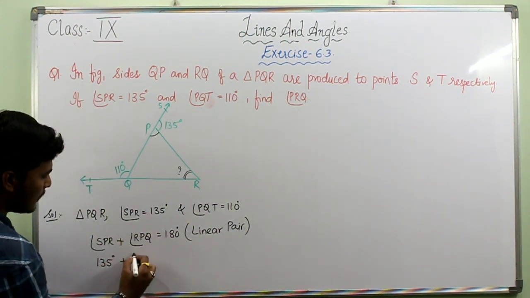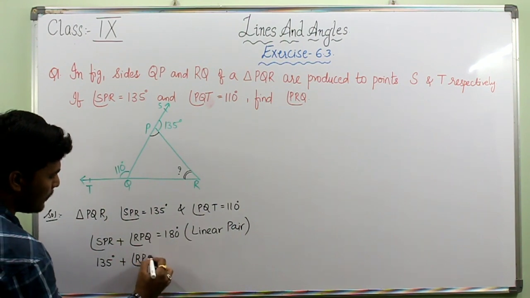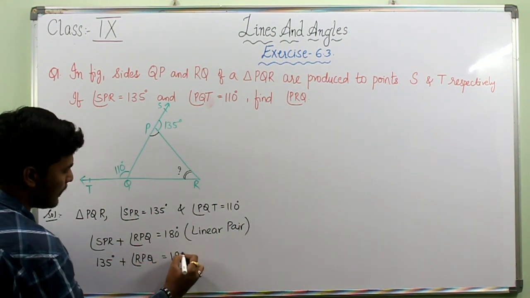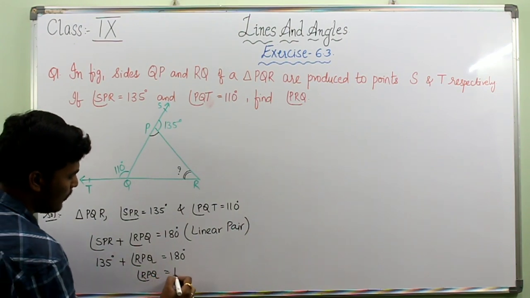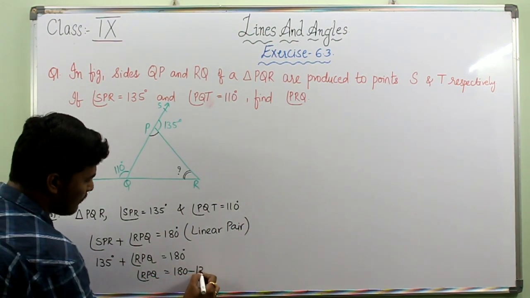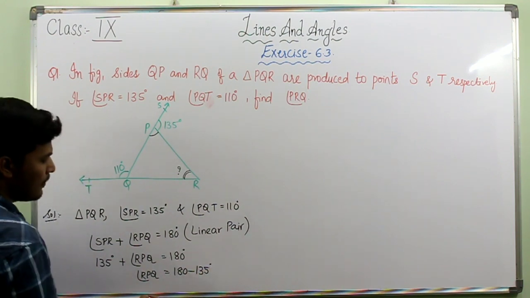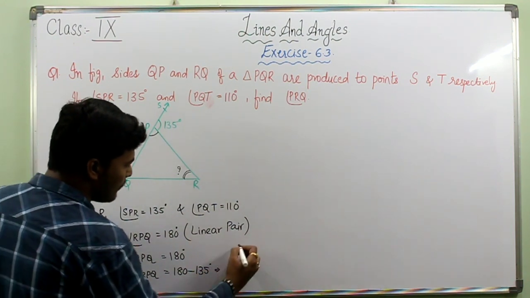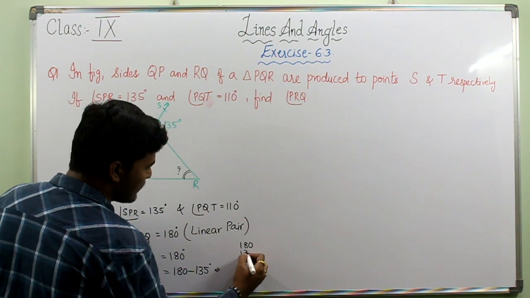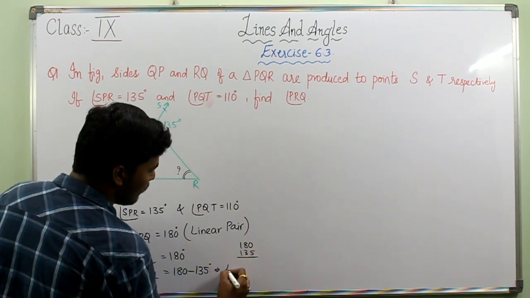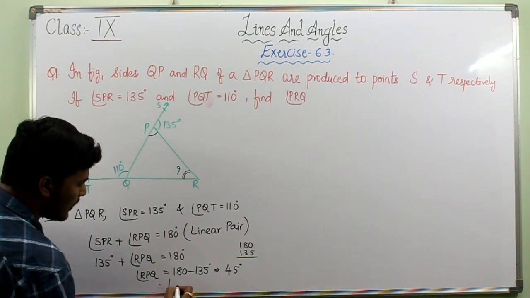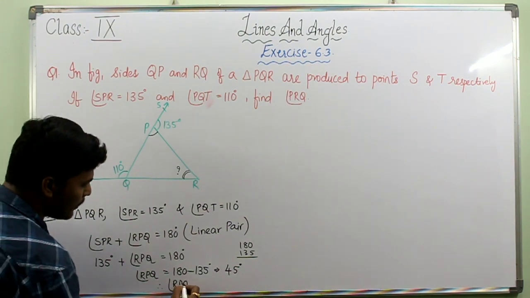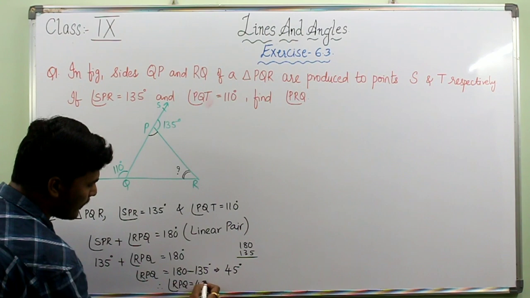So 135 plus RPQ is equal to 180 degrees. From that, RPQ will be equal to 180 minus 135 degrees, which will be equal to how much? 180 minus 135 will give you 45 degrees. So therefore we got angle RPQ as 45 degrees.